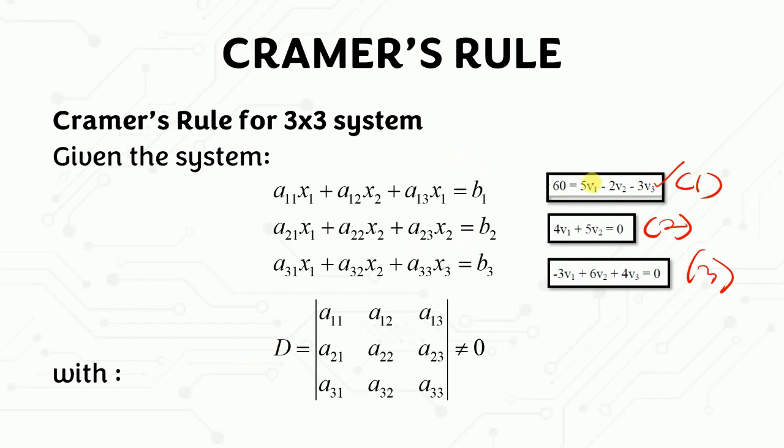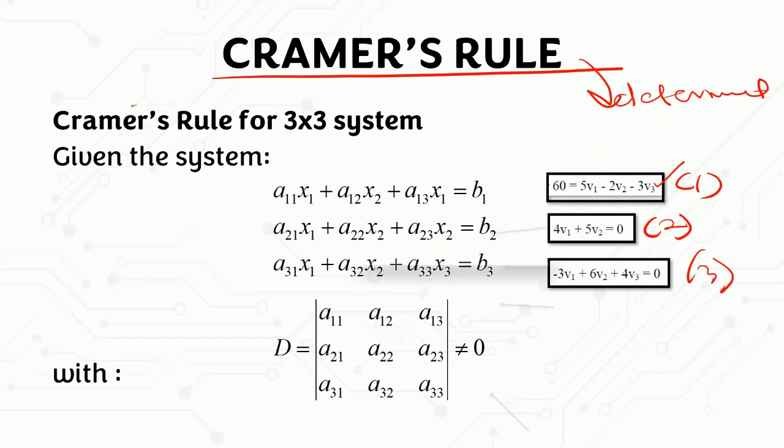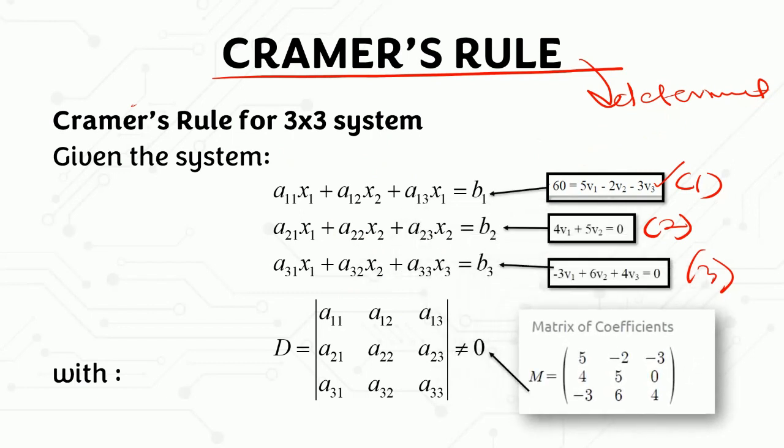For Cramer's rule, what you need to remember is that you always need to find the determinant in order to solve for V1, V2 and V3. First you need to convert all these values into the matrix of coefficients, which is equal to m.